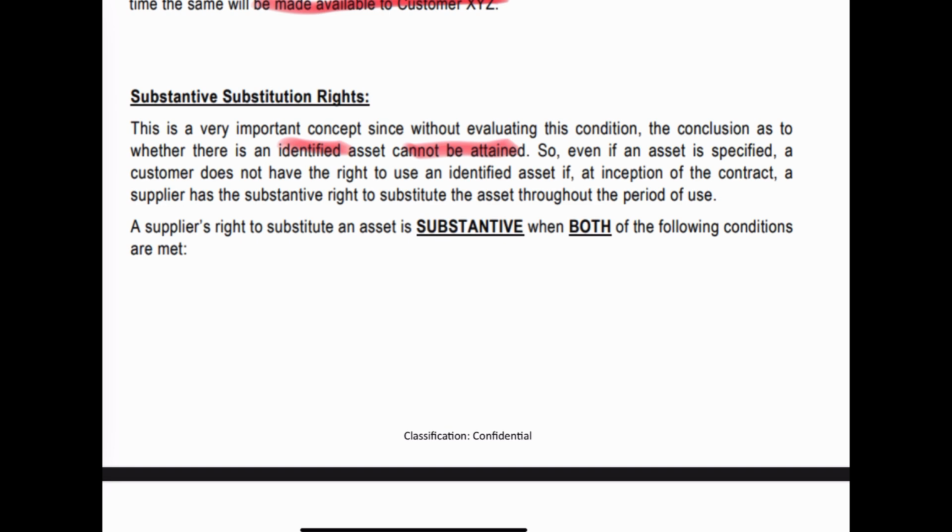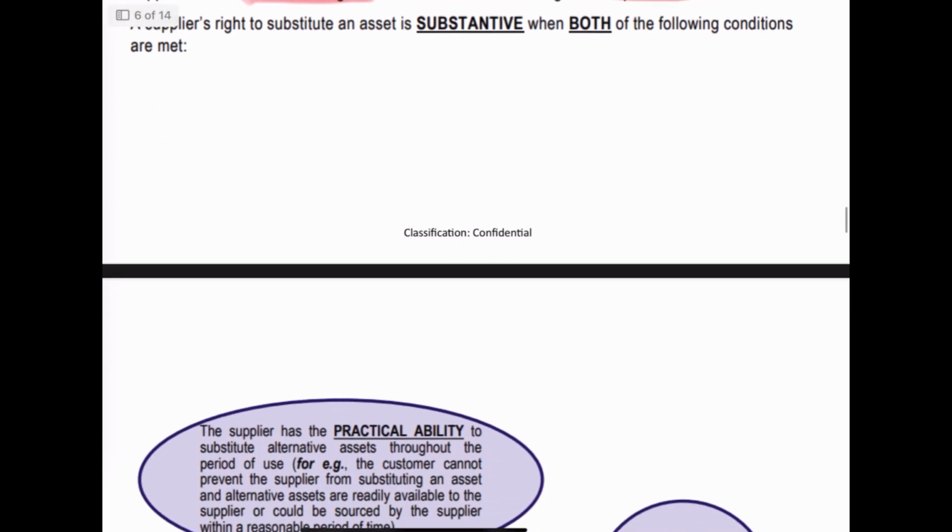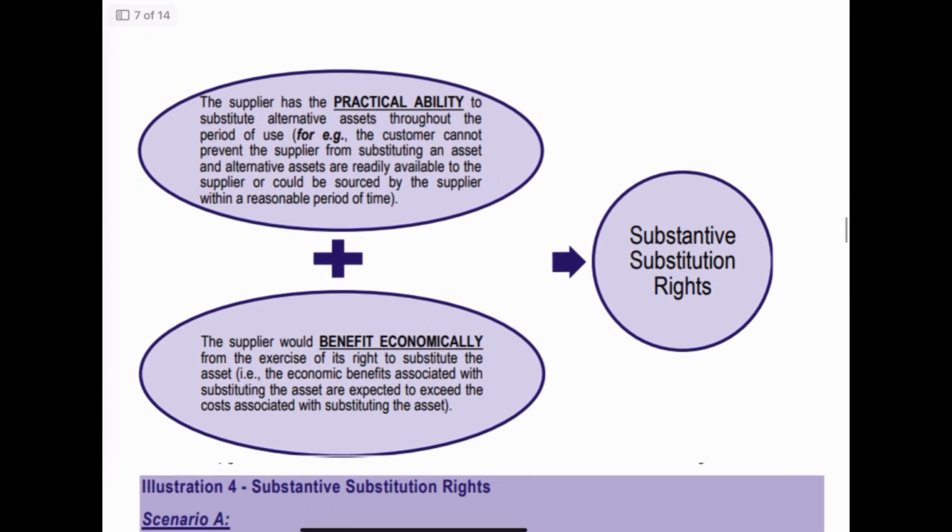Even if an asset is specified, a customer does not have the right to use an identified asset if at inception of the contract a supplier has the substantive right to substitute the asset throughout the period of use. To conclude whether the supplier has the right to substitute the asset, the following two conditions need to be met. So these are the two conditions.